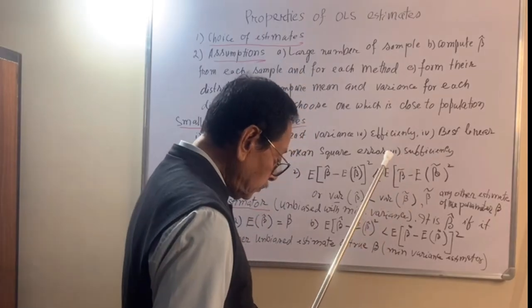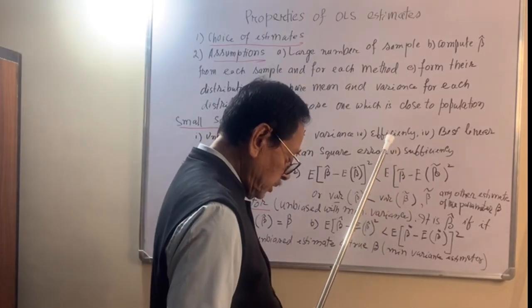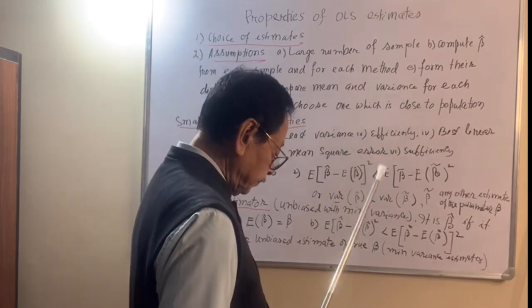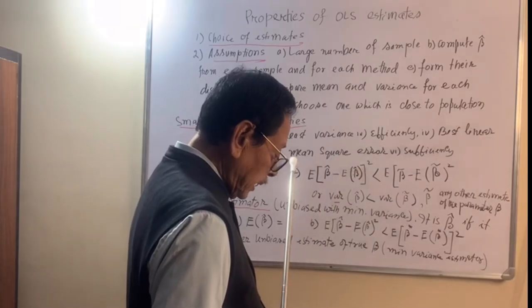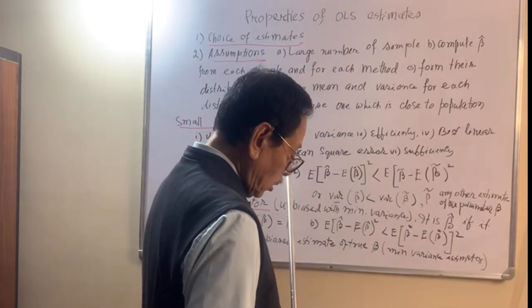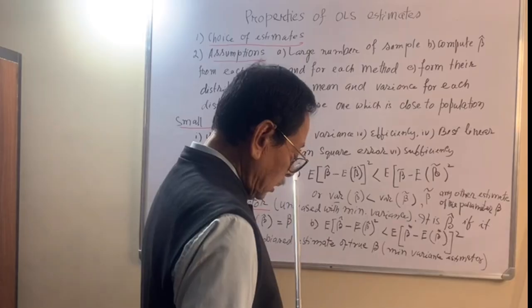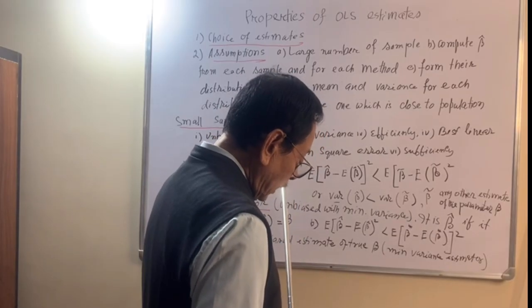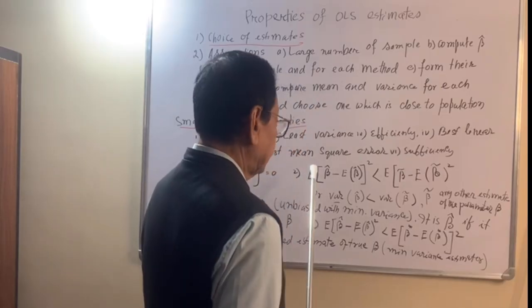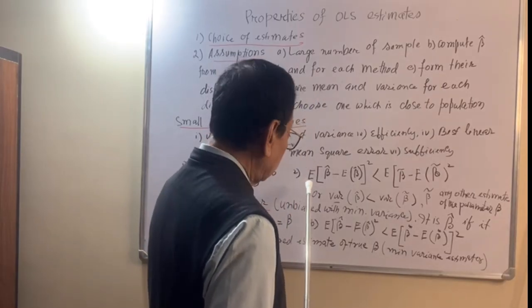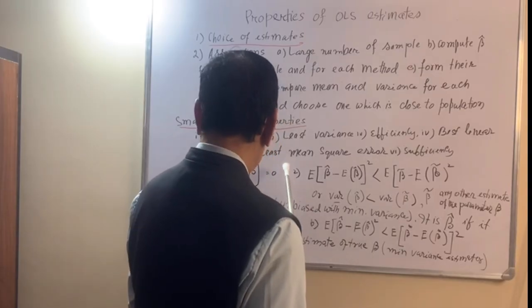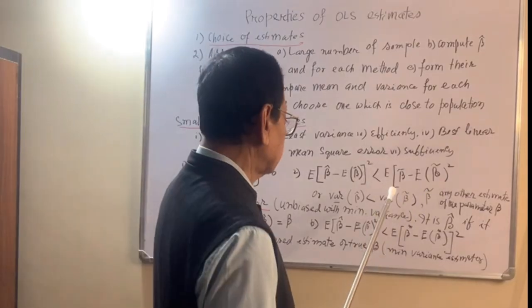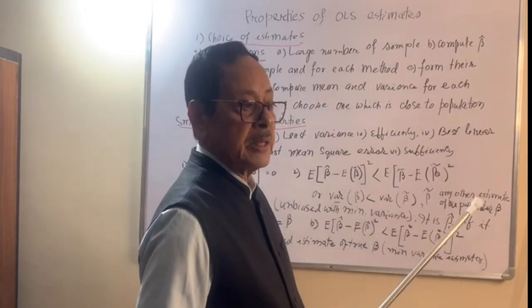Now, sometimes we see that an estimate is unbiased with a large variance, or sometimes it is biased but the variance is very low.